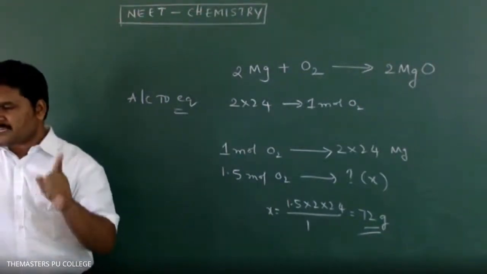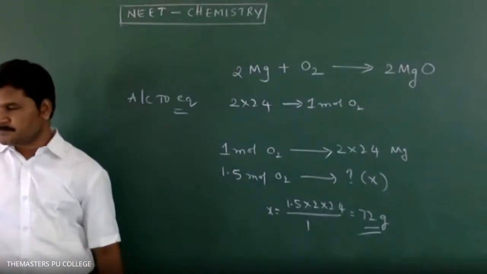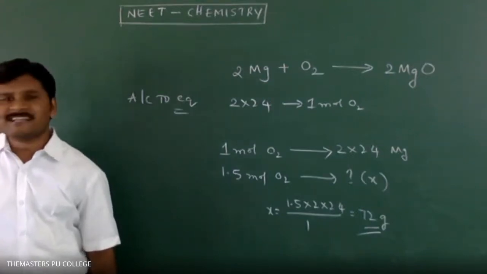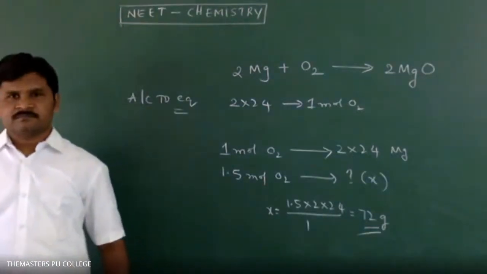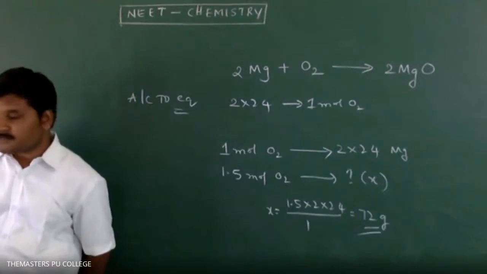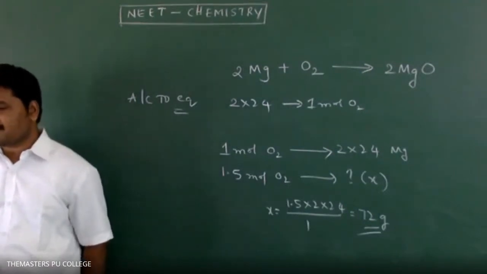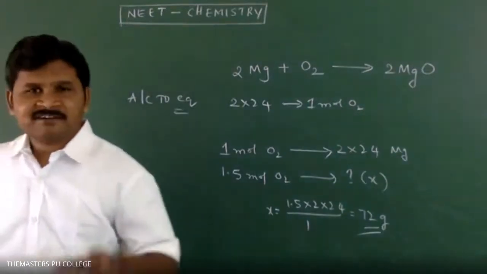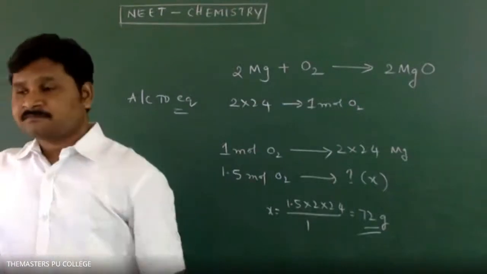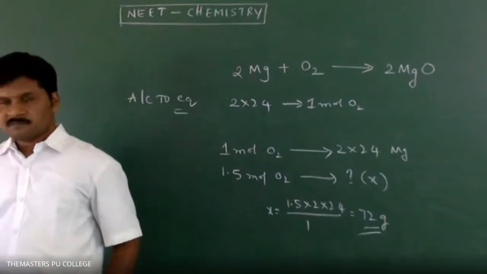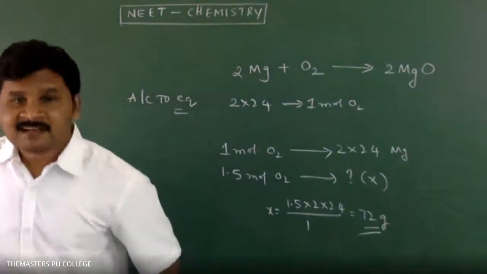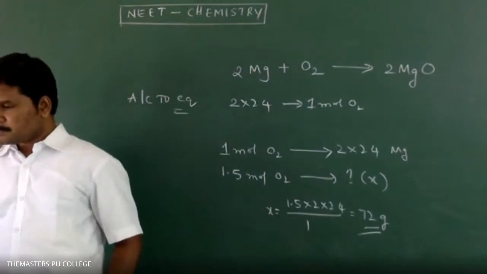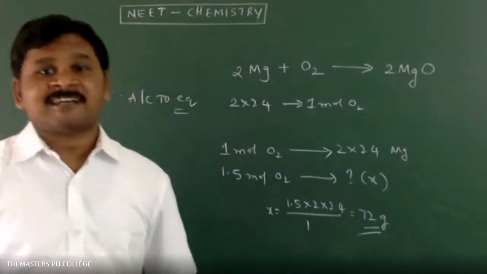I am expecting an answer from your side. Please write down: calculate the weight of oxygen obtained from 72 kg of water.